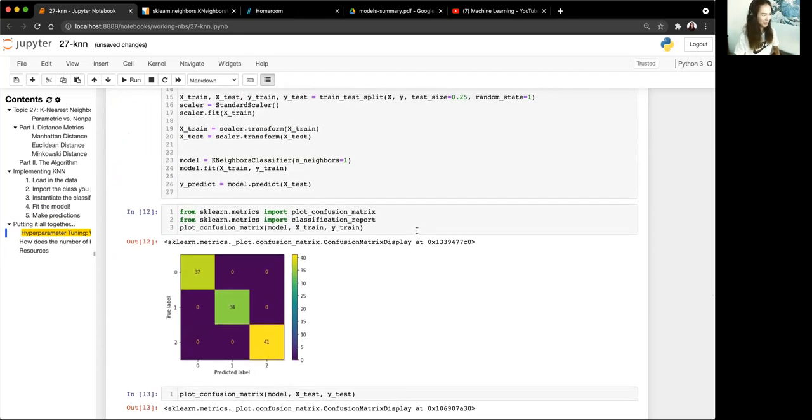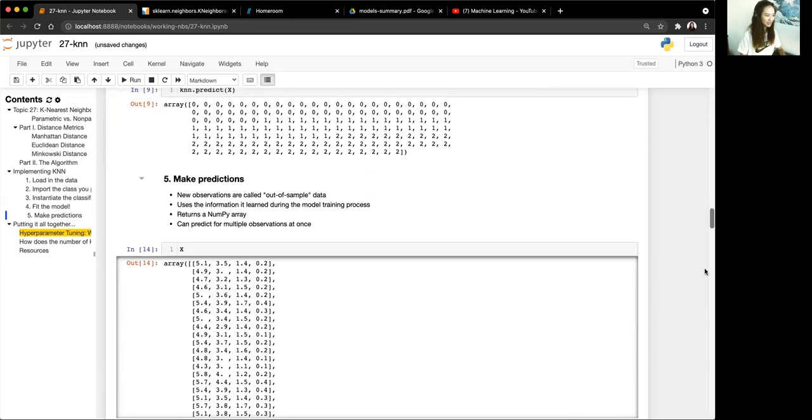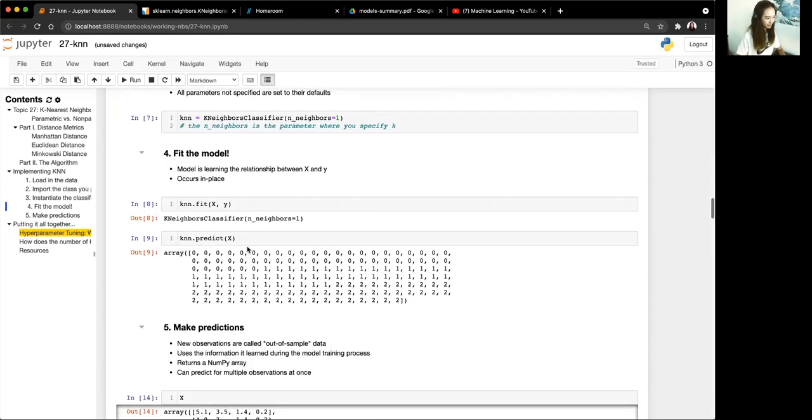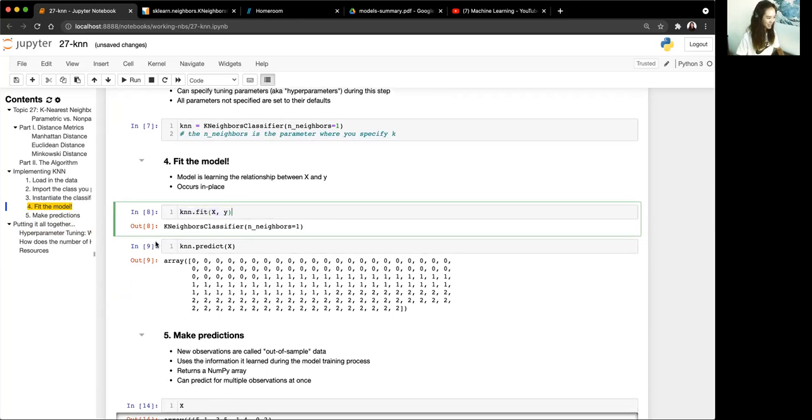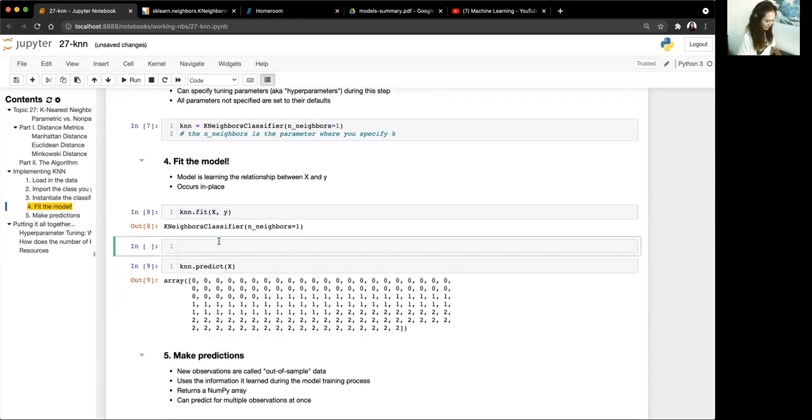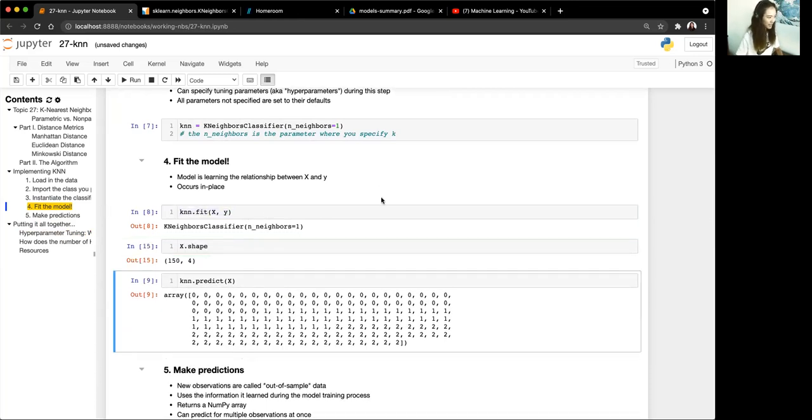Okay, back to what we're talking about above. How does dot predict work? Dot predict basically works on any array that has the same number of columns as your training data. In this example, we fit it on X and Y. If you take a look at the shape of X, it is 150 by 4, which means you have 150 rows of 4 columns.